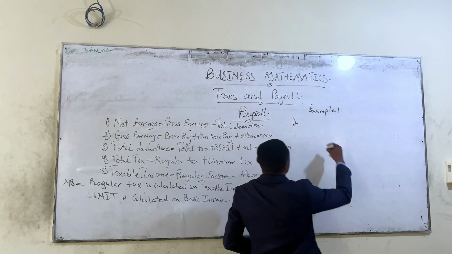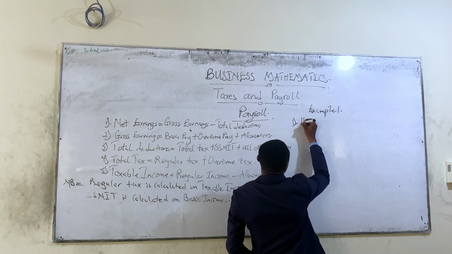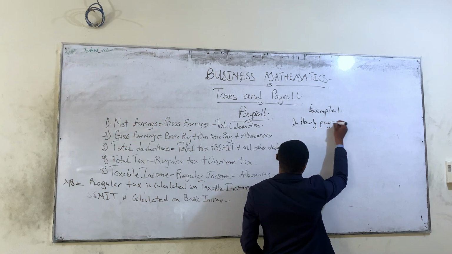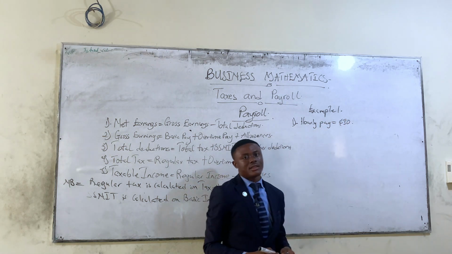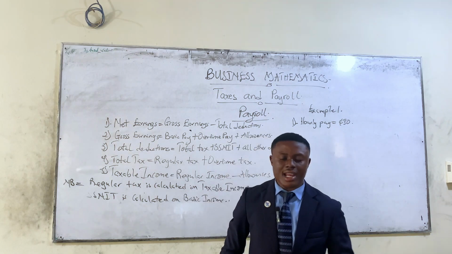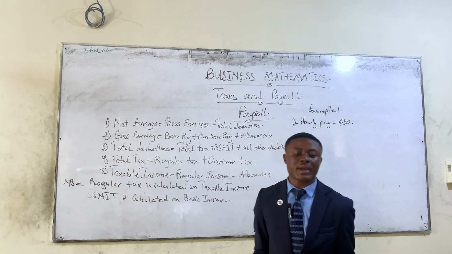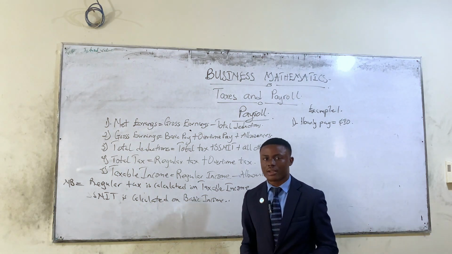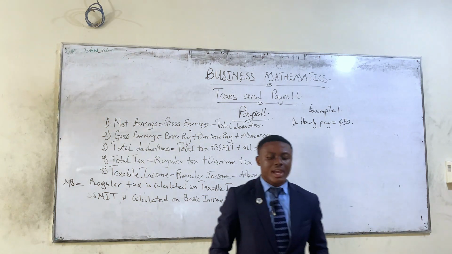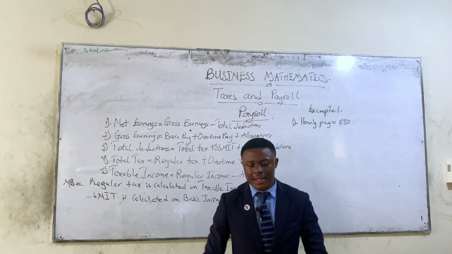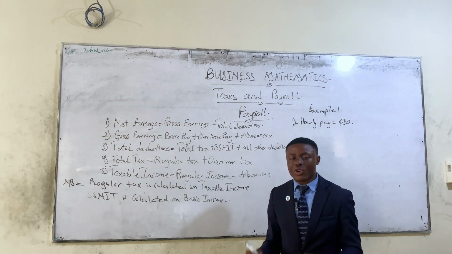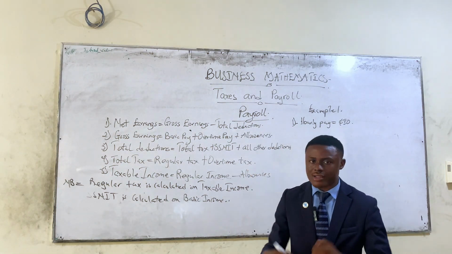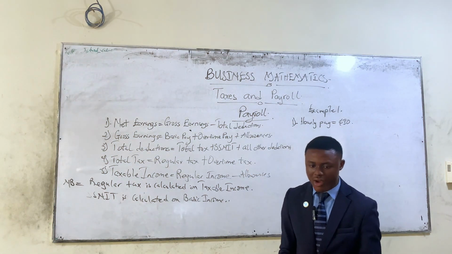So his hourly pay is what? 50 what? cedis. Very good. Great. And the question says if he does overtime, he is paid time and a half. Time and a half means 1.5. Very good. Great. So he also earns a commission of 5% on all sales above 8,000. On all sales above what? 8,000.